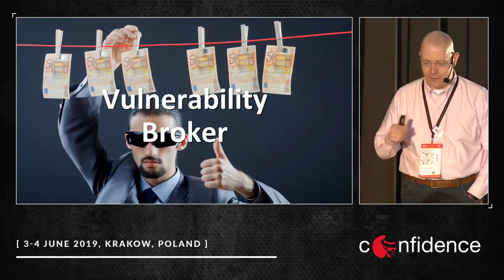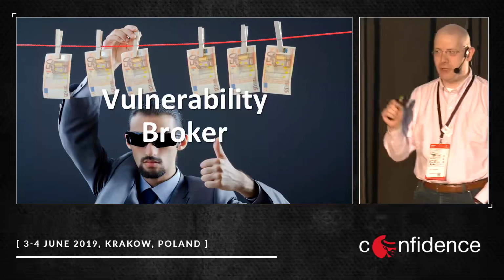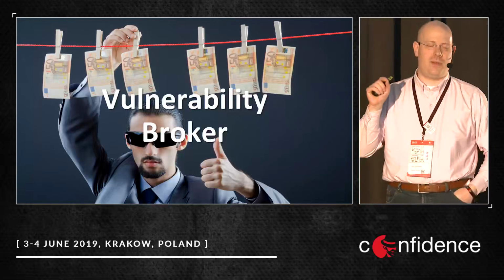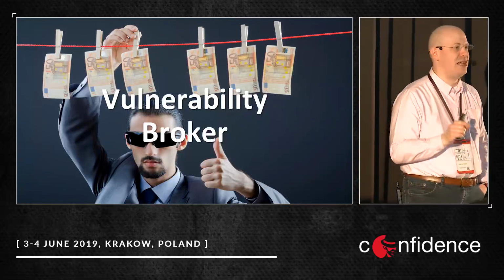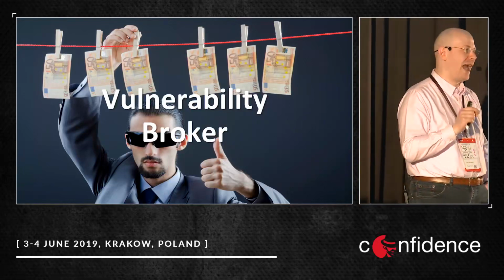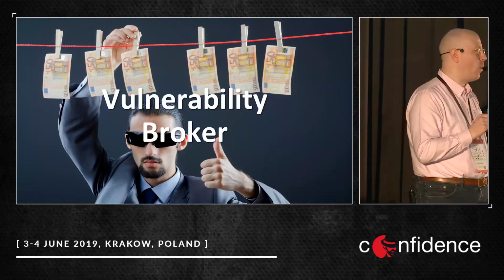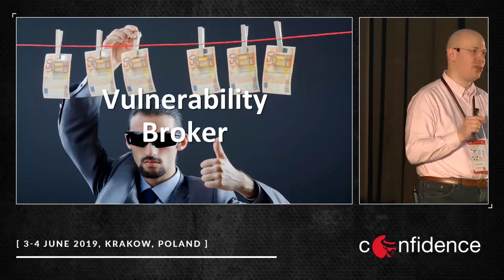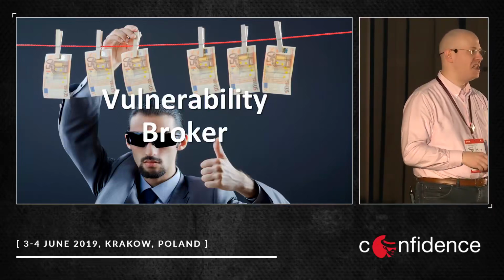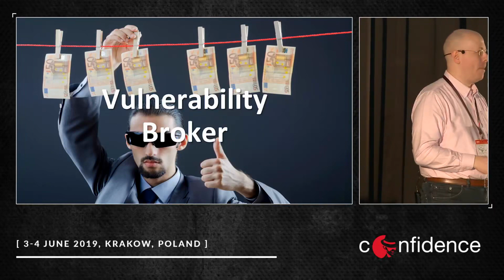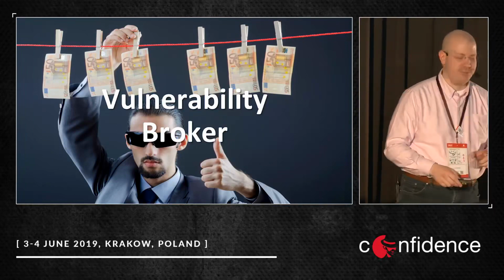There are a few of them out there, but I just picked two because those two actually issued press releases and financial statements detailing how much money they are willing to spend on exploits. Actually, they have a price list on their website detailing which exploit might be worth which amount of money.